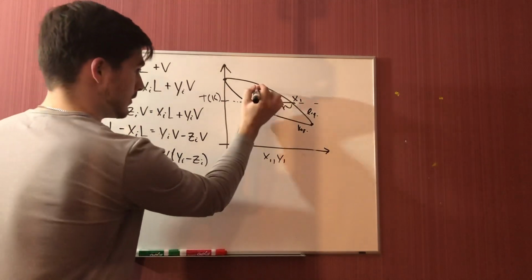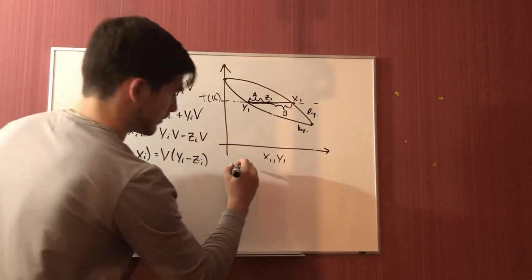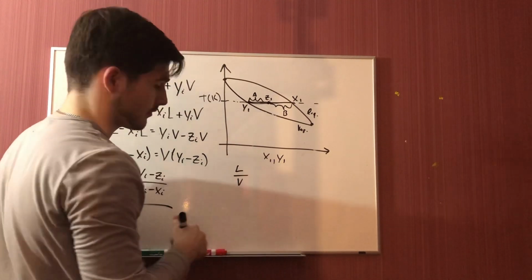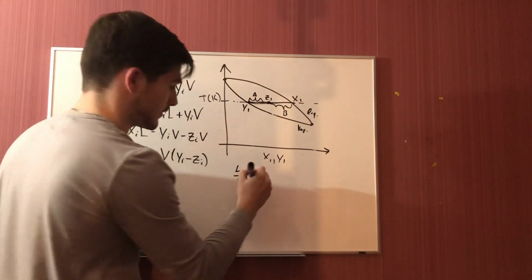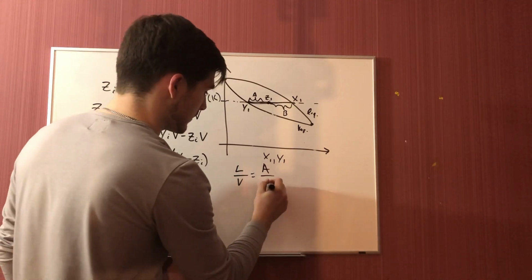And so, say we call this distance A, and that's distance B. Well, now we know that the ratio of total liquid moles to the total vapor moles in the system is just equal to distance A divided by distance B.